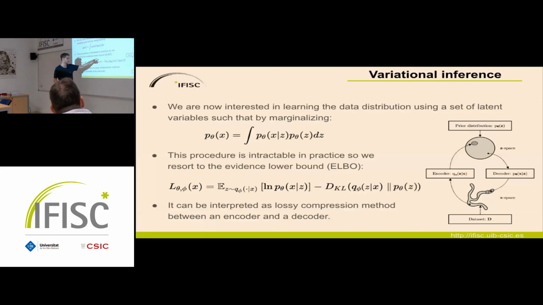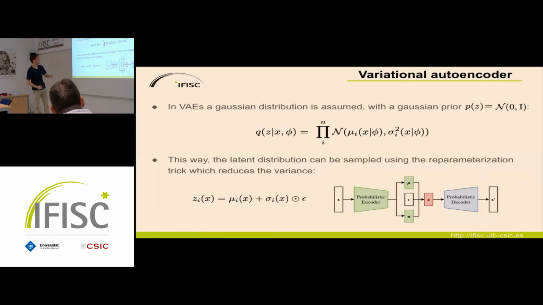We are doing this because we don't know how to do this efficiently, because the dimension is very high in image space. So we need a way to lower bound this quantity, and this is why we get this ELBO lower bound. So this is essentially a way to do coarse graining, using learning of the function to do coarse graining. So we don't even need to worry about the way in which we do it. Variational autoencoders are a particular way to do this kind of variational, Bayesian inference.